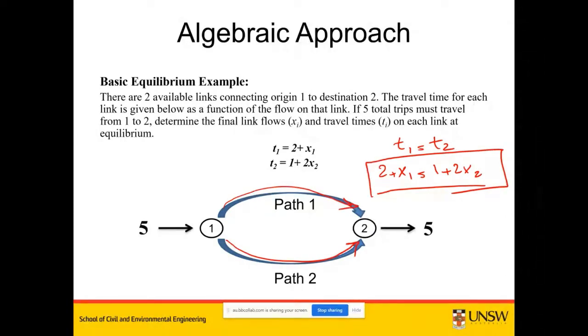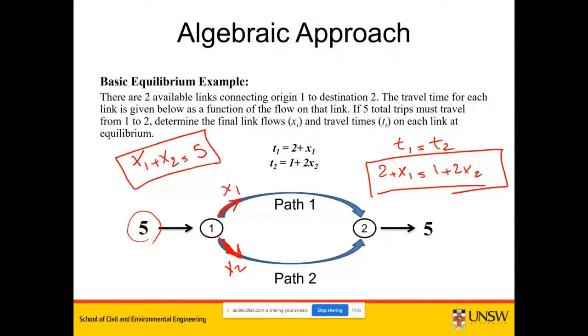We also have some demand conservation or flow conservation equations that we can write. And that is because I have 5 travelers going from 1 to 2, that means regardless of how many take path 1 and 2, if this is x1 and this is x2, x1 plus x2 must be equal to 5, right?